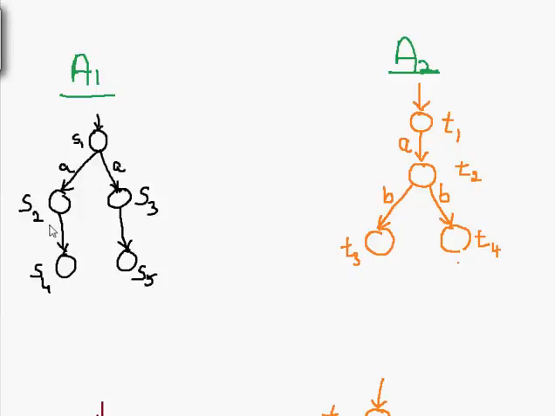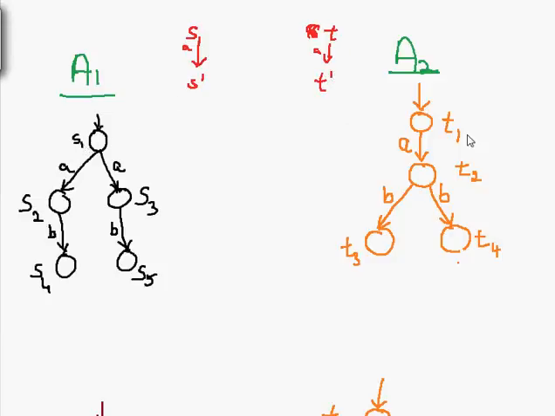This is a B action, here also there's a B action. Now let us consider the given rule: if there is a transition from S to S dash with A, then I should find the same transition from T to T dash.